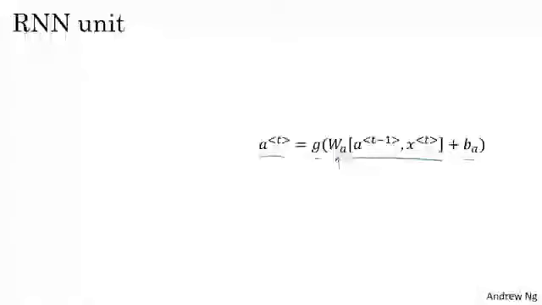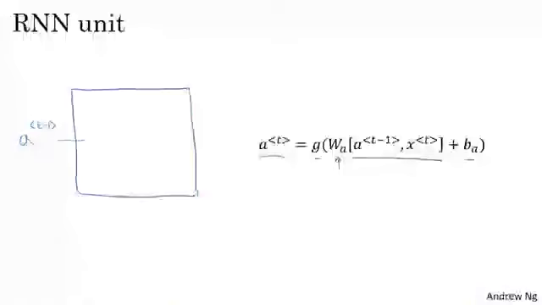So I'm going to draw this as a picture. The RNN unit I'm going to draw as a box, which inputs a<t-1>, the activation from the last time step, and also inputs x<t>, and these two go together.